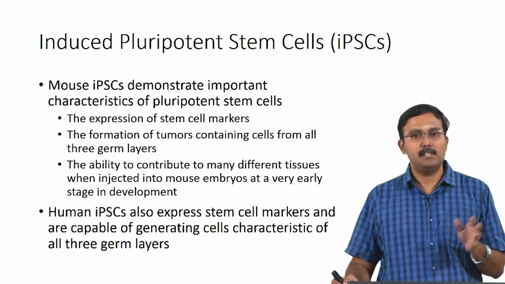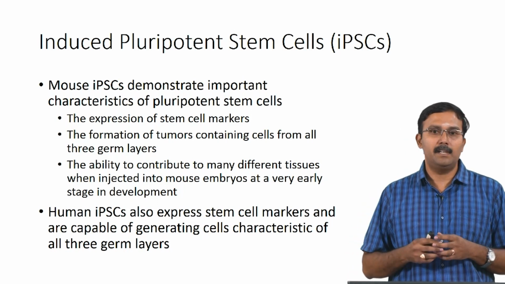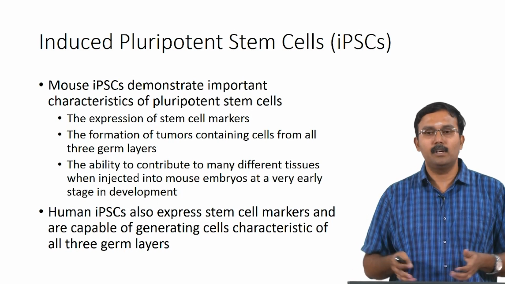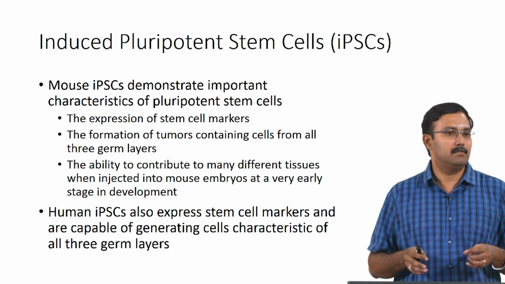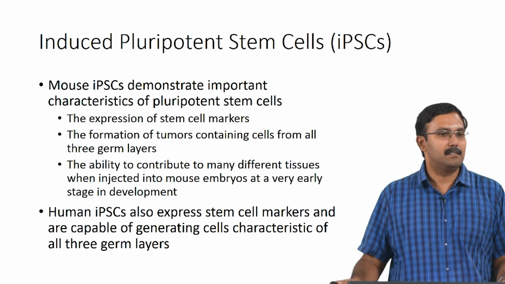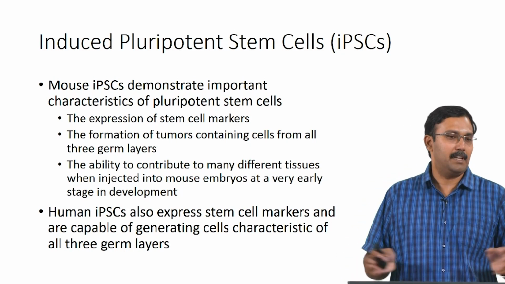Human iPSCs also have similar markers and the ability to form cells from all 3 germ layers. There are a lot of studies going on in this direction, and it is a very recent development, right. So, less than 12 years old. It is a very interesting domain.